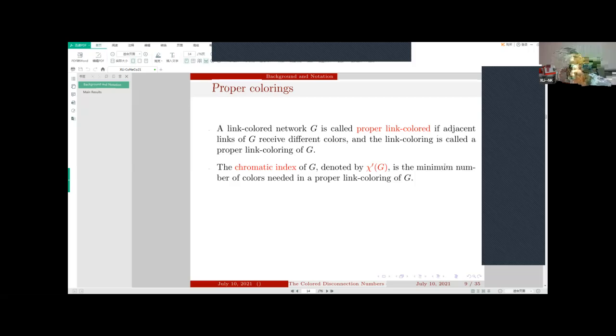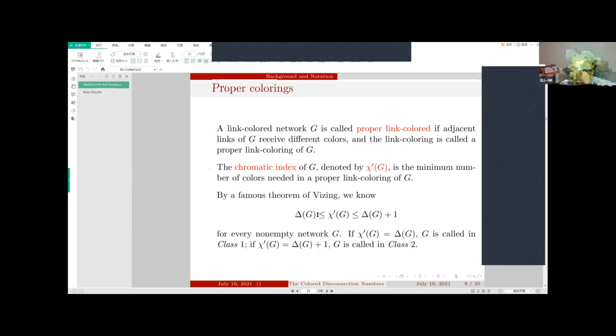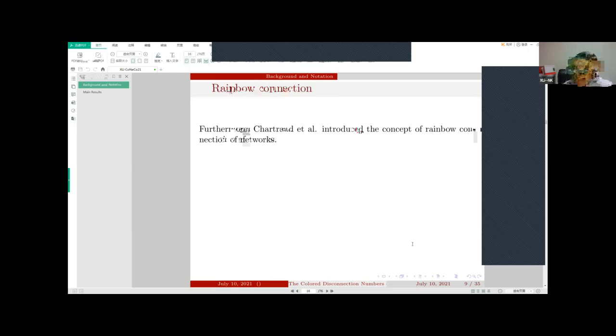The chromatic index, or the link chromatic number, is the minimum number of colors you can use to give a proper link coloring to the graph or network G. There is a famous result about the link chromatic number: it is lower bounded by the maximum degree of the network and upper bounded by the maximum degree plus 1, so the difference is 1.